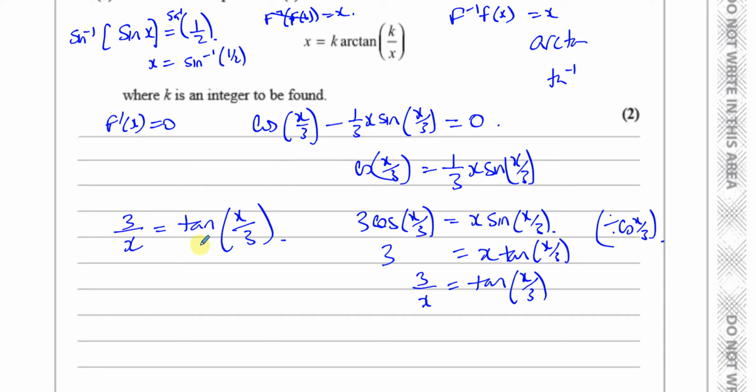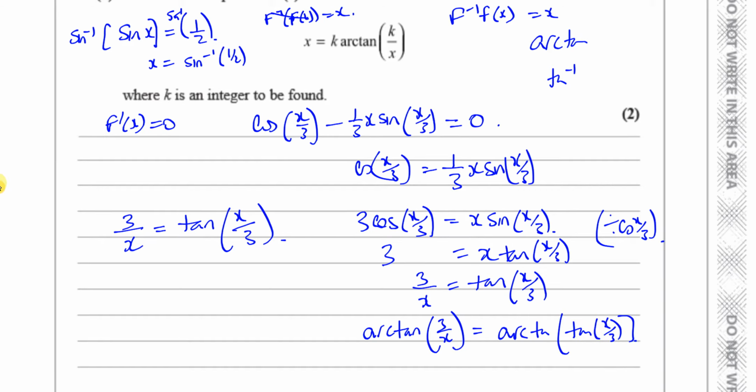So what I'm going to do here is something similar. I want to have the x over 3 here freed. So I'm going to take the inverse tan of both sides. Remember, arctan means inverse tan. So I'm going to take the arctan of this side. So the arctan of 3 over x equals arctan of the tan of x over 3.